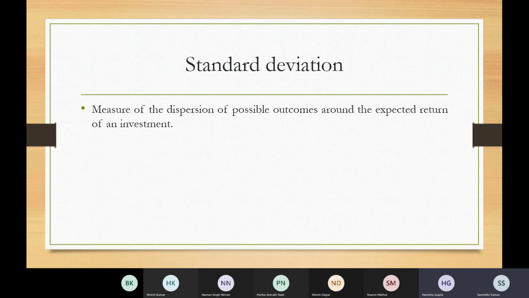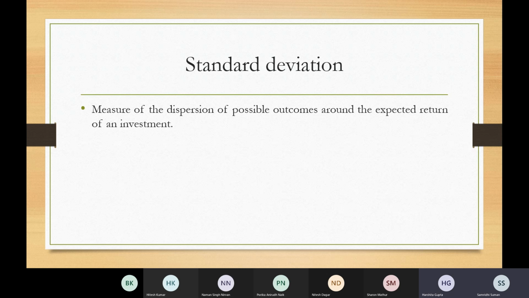Okay, so we are coming to standard deviation. That is the measure of the dispersion of possible outcomes around the expected return of the investment value. So basically, okay, does anybody know how to calculate standard deviation? Anyone?